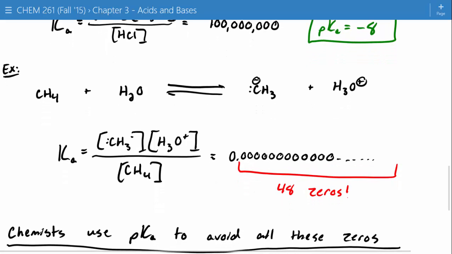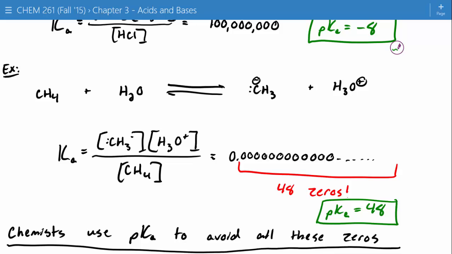And if we go over here and we say, all right, pKa of the one with 48 zeros, we can write that as a pKa of 48. So really we're just counting the exponent there, right? So in this one, we're going to the -48. We cancel out the negative. It becomes +48.